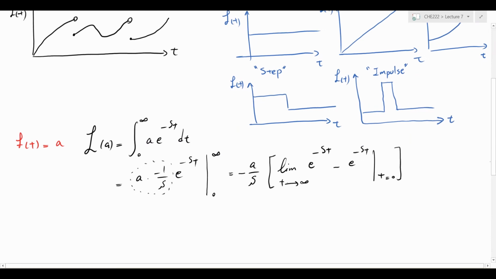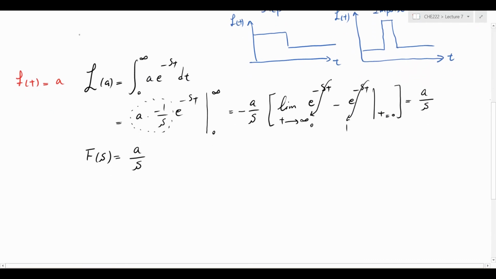If t approaches infinity, this term will be 0. And if I substitute t by 0 in this term, we have e to the power of 0, which is 1. So the solution will be a over s. So the Laplace transform of f(t) is a new function, capital F(s), which is equal to a over s.